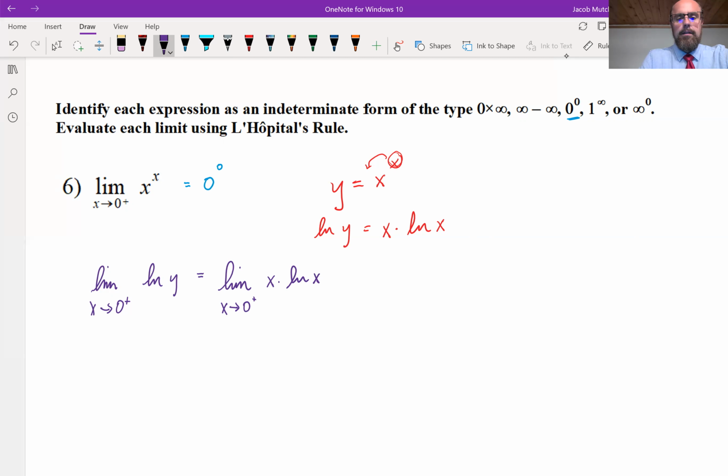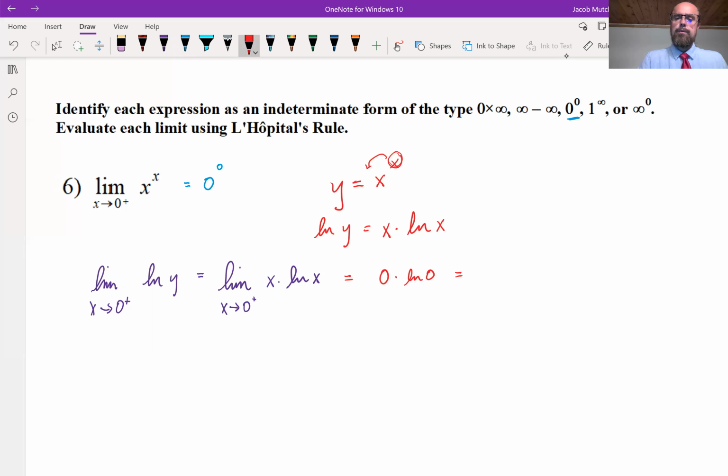Now I've got to think for a moment how I'm going to take the derivative of that form. So that one, I really need to just check with direct substitution, see what it's going to come out to if I plug in 0. So that's going to be 0 times the natural logarithm of 0. And if I think about what that value is, that's a vertical asymptote on that function.